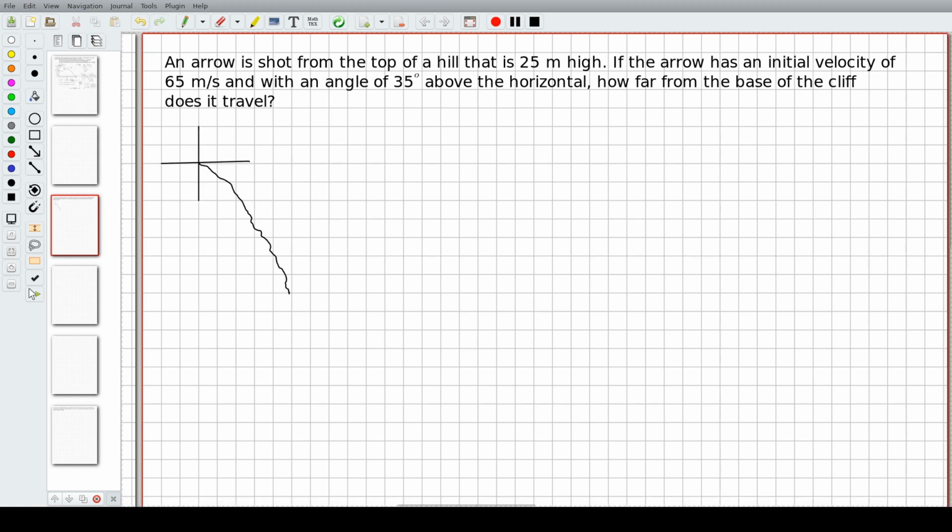And there's that right there, X and Y. And then here is the bottom of the hill, the ground going off like that.